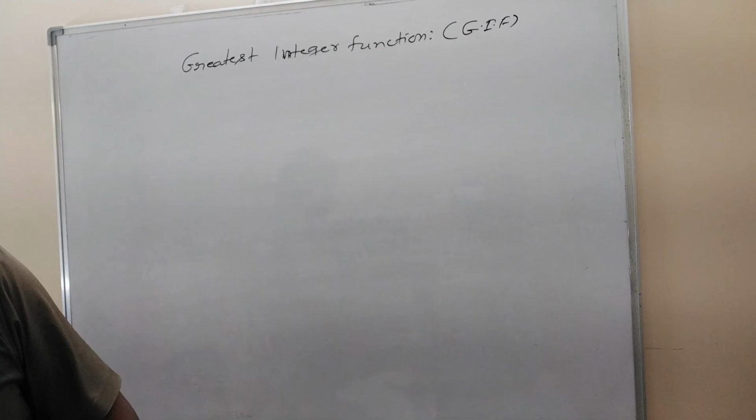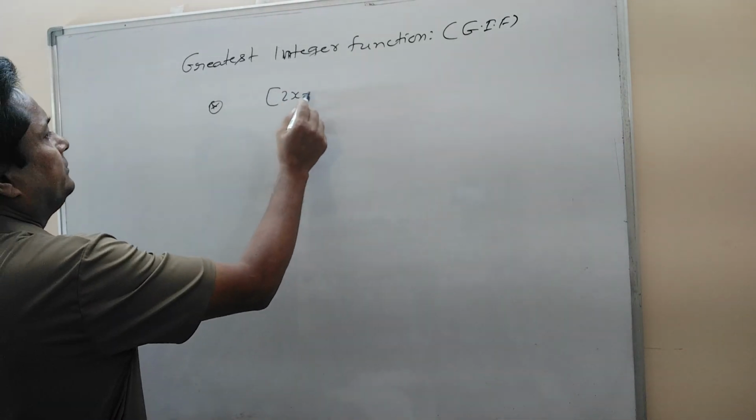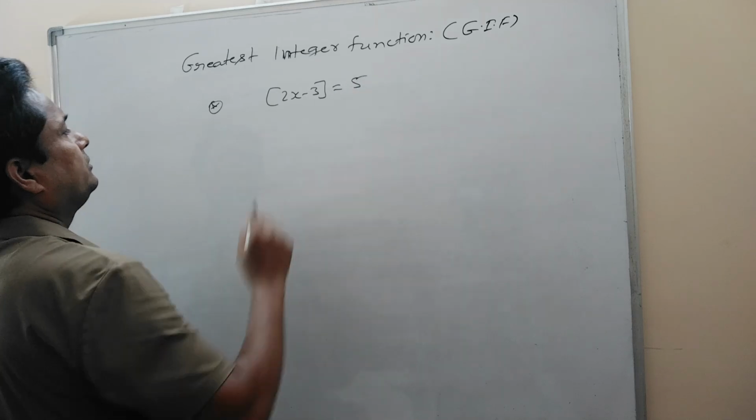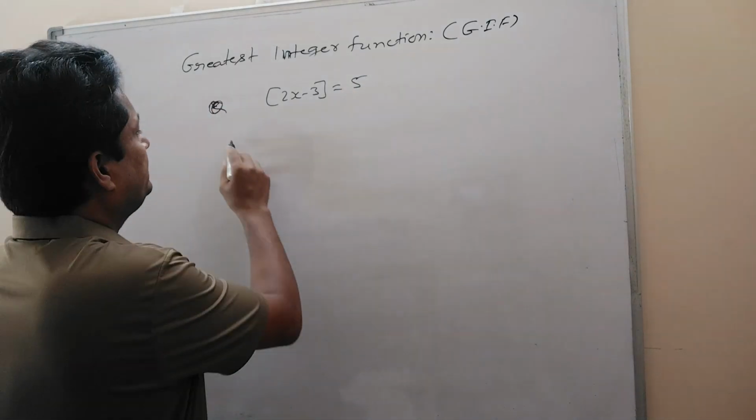Now let's solve this type of question. Greatest integer of 2x minus 3 is equal to 5. Solve this question. So how will you solve this?